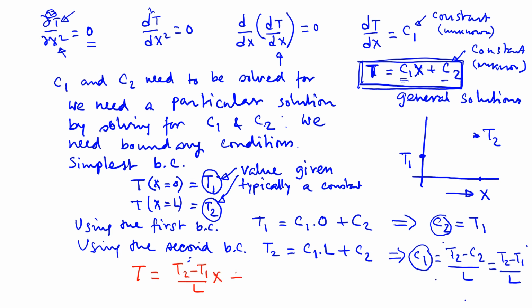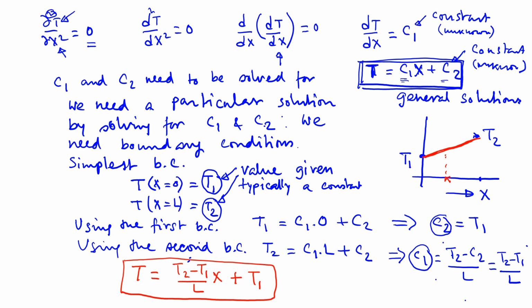This is our particular solution, and from here we can actually get the temperature at any point. This solution plotted would look like this, and now we know the exact equation. At any point we can find the temperature or the value.